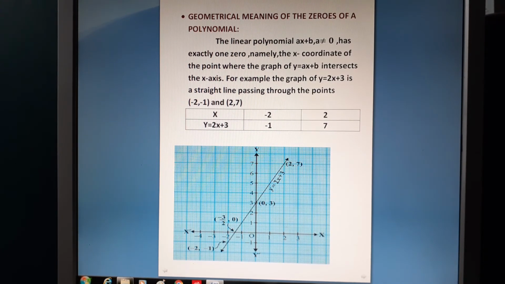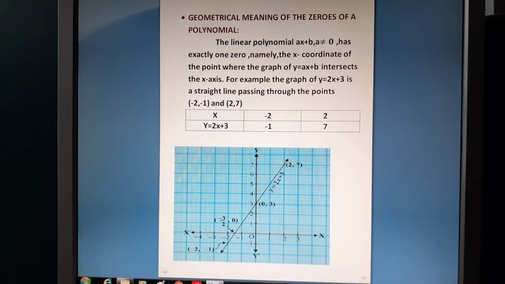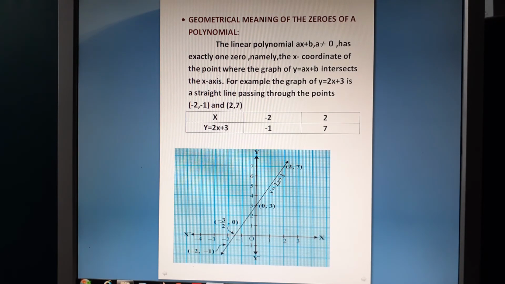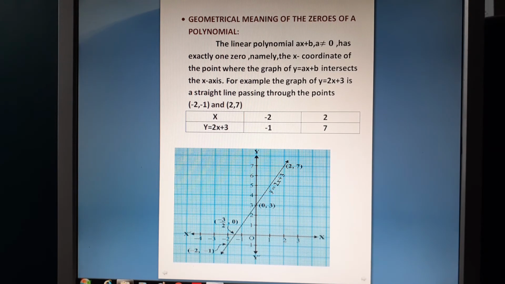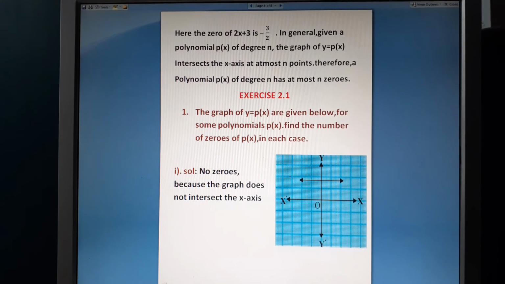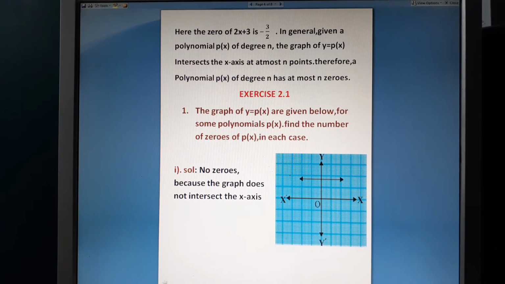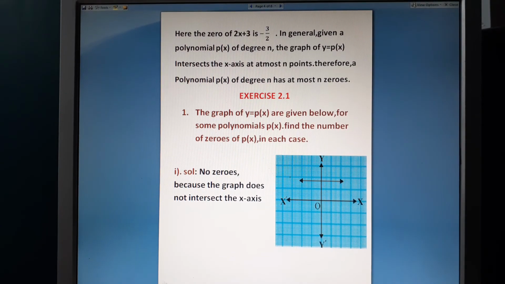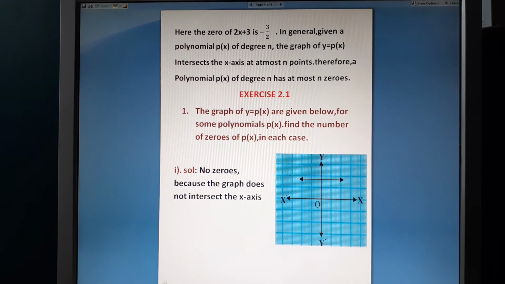Plot the points in this graph. Y equal to 2x plus 3 is a straight line. The straight line intersects the x-axis at the point minus 3 by 2. Here the zero of 2x plus 3 is minus 3 by 2. Minus 3 by 2 is the intersecting point.